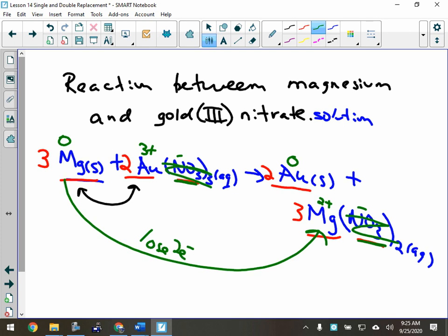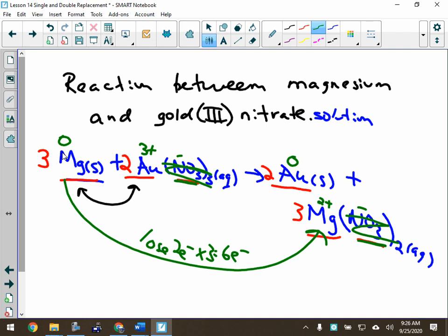Now, 2 electrons for each magnesium, yes? And I got 3 magnesiums, right? So that's times 3, or I'd lose 6 electrons, yes? So that's what's happening with that magnesium. Magnesium's going from a 0 to a 2 plus, and I'm losing those electrons. But those electrons have to go somewhere, right? We know that. Usually they go to the nonmetal in an ionic compound.